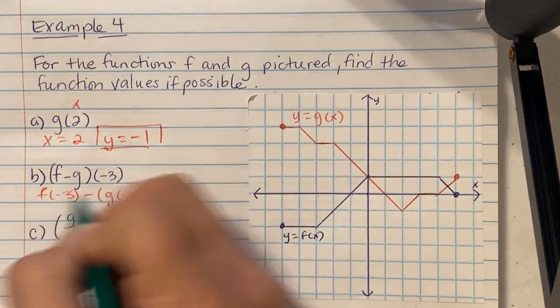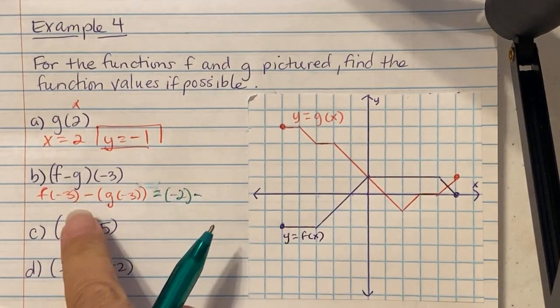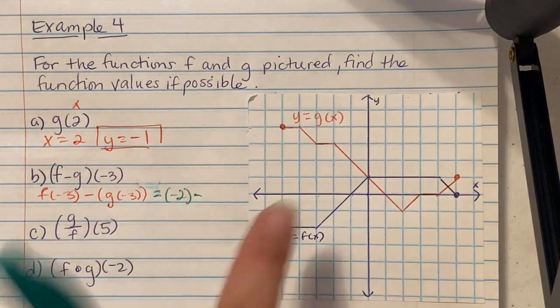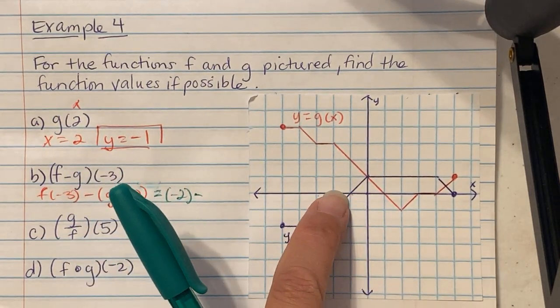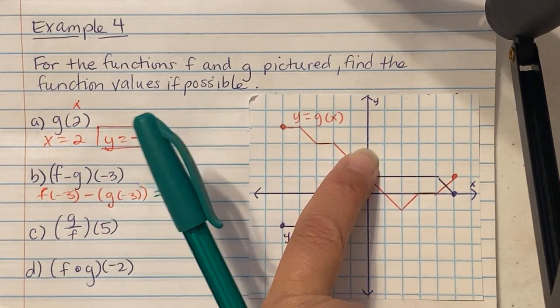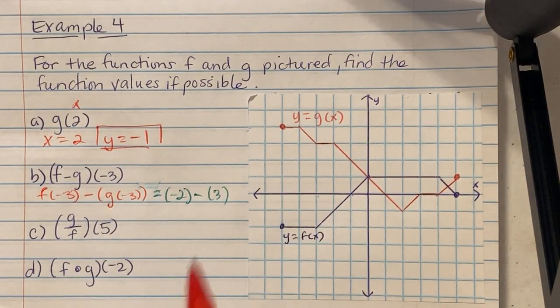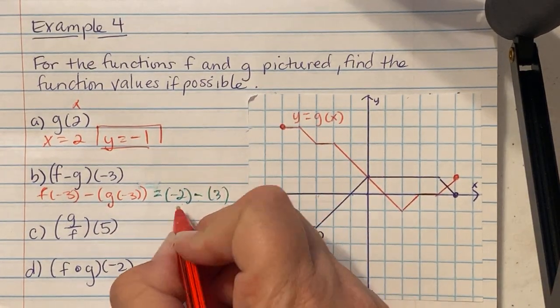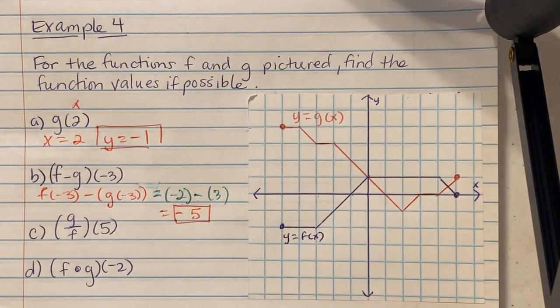So I'm going to write negative 2. There's a minus sign because I'm subtracting the g. I'm going to my g line. I'm going to negative 3, and I go up. I'm at y equal to positive 3, so I'm going to put 3 in parentheses. When you look here, it's negative 2 minus another 3, making it negative 5 as an answer.